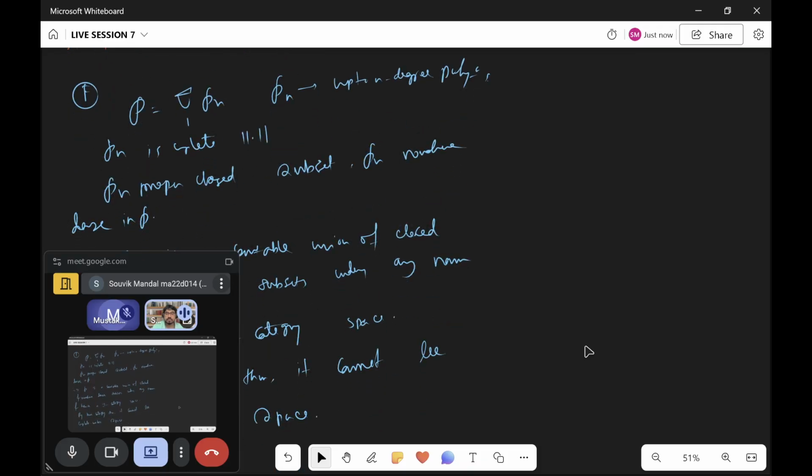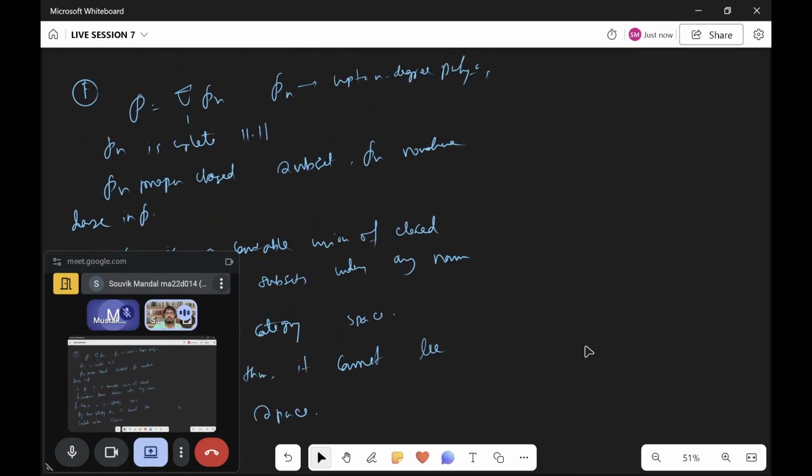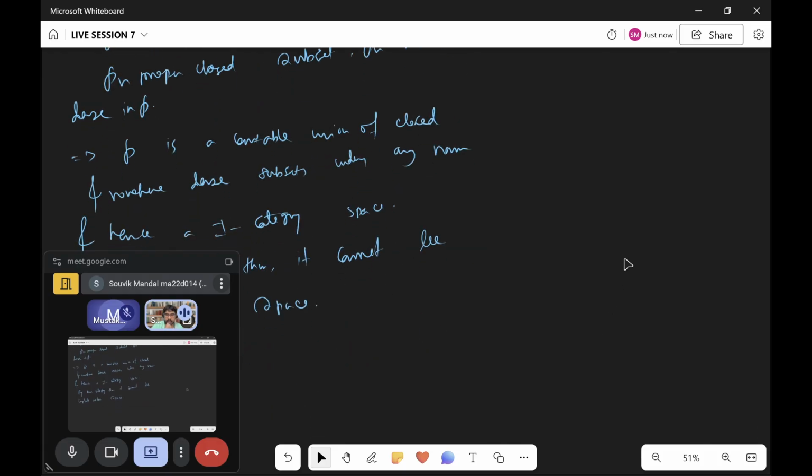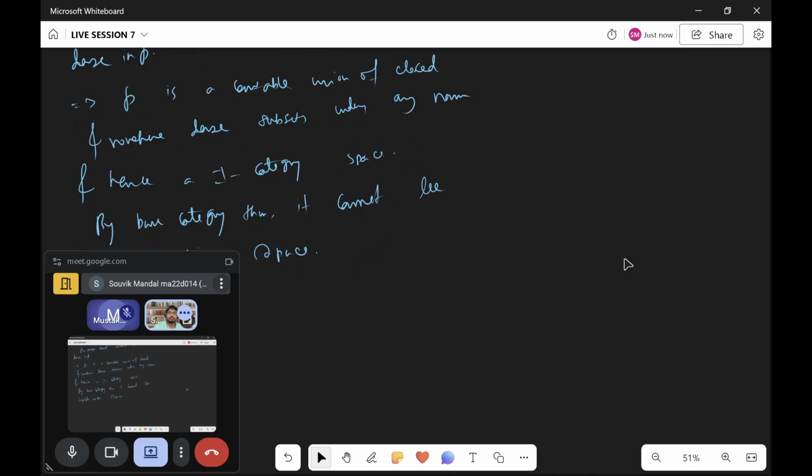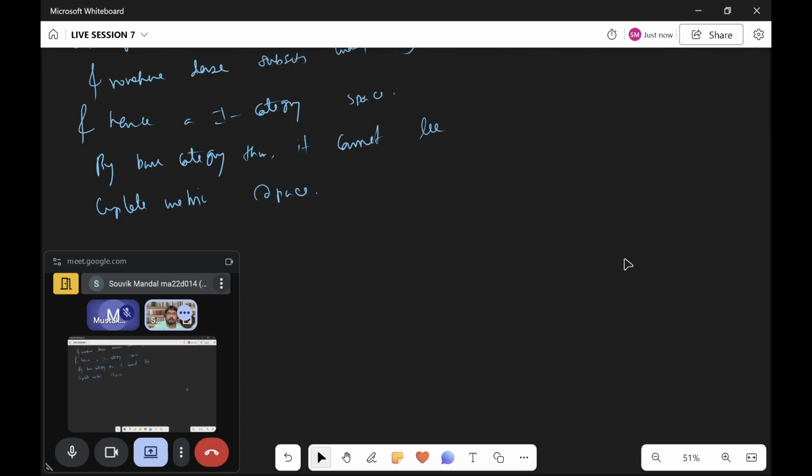We are considering P equal to the union of P_n. If P_n is complete, P_n is a closed subset, and P_n is a proper nowhere dense subset, this tells that P is a countable union of closed nowhere dense subsets, and hence a first category space. By the Baire category theorem, it cannot be a complete metric space. So that is the argument. There is nothing to explain.